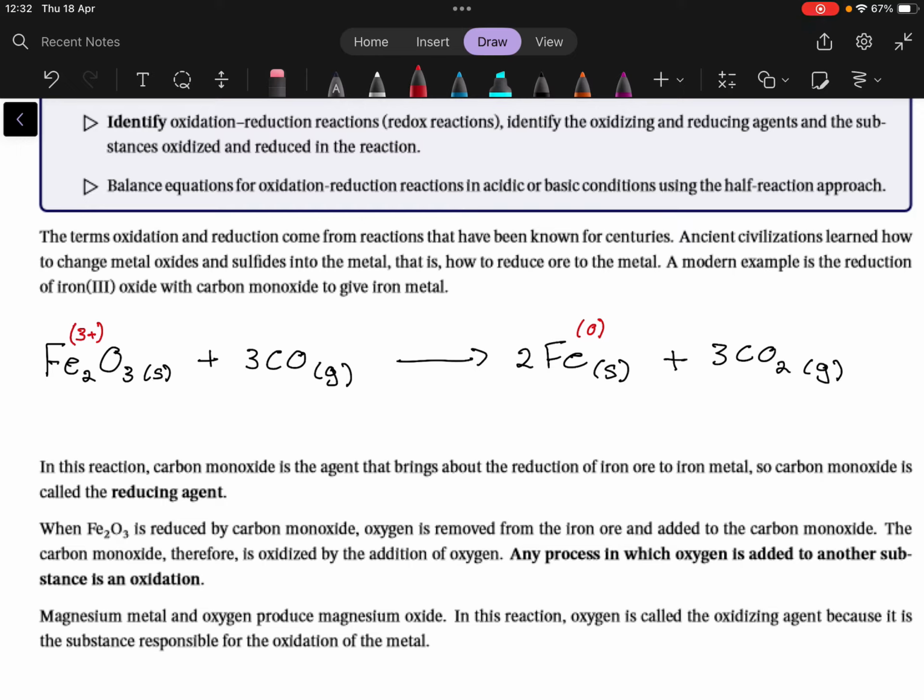It needs to go from +3 to 0, so it means it must gain electrons, because to go from +3 to 0, you need to add -3. So that means at least 3 electrons need to be absorbed by it. And hence, it is then an oxidation-reduction reaction.